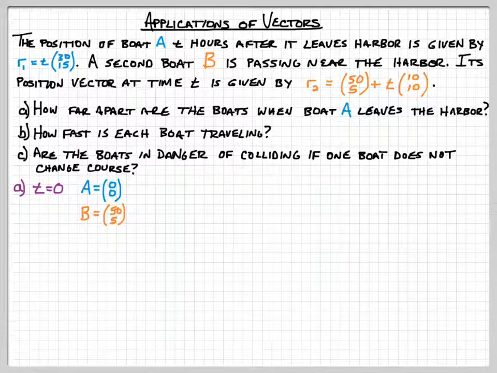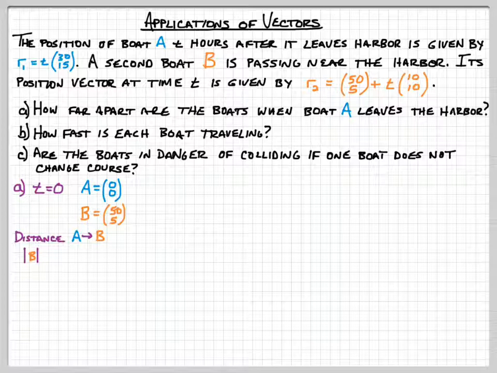So we're going to try and find the distance between these two things, the distance from A to B. Now, since A is already at the origin, if we just find the vector of B, we're going from the origin to point B. That's basically our vector, and we can find the magnitude of B, and that will give us just the distance. It strips down that direction piece, and it just gives us the distance.